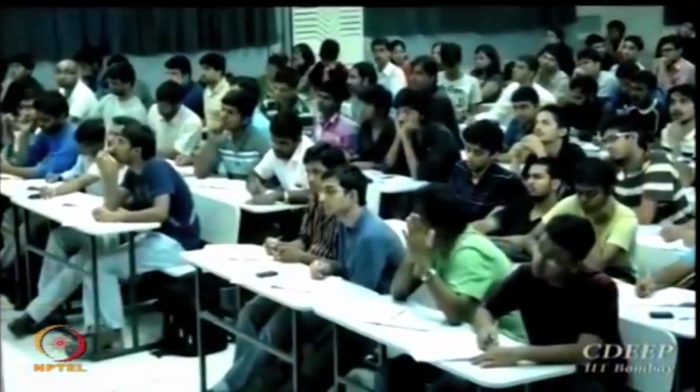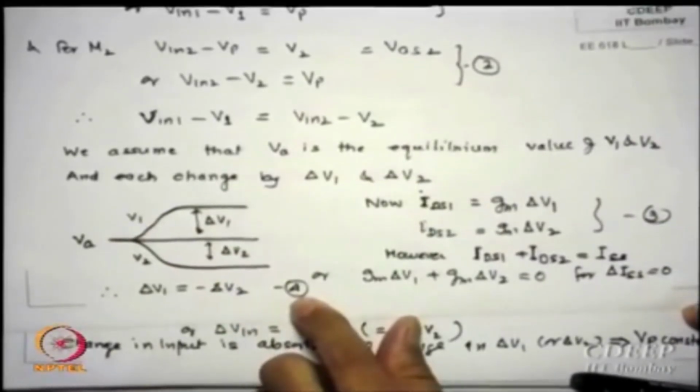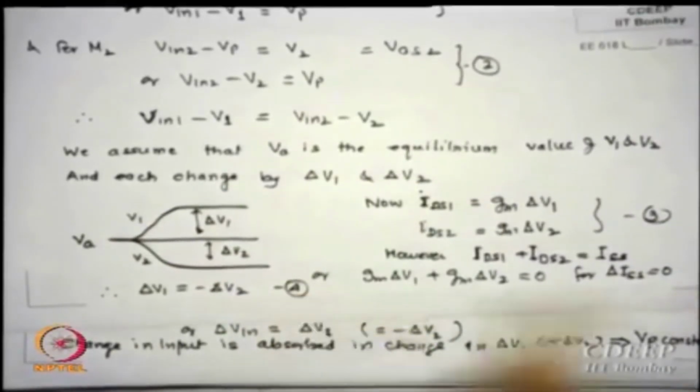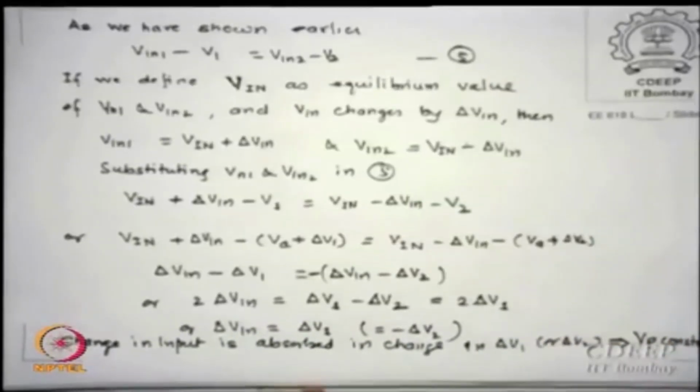Because we say it is a differential system, we already said, the first one earlier, that a change here is the same as a change here. That is the definition we gave for differential. Any change here, an opposite change must occur at the other end. Which essentially tells by maths also that any change in the input is taken care of by a change in V1 or V2, signs taken care of correctly, and therefore it does not at any time change the Vp value.